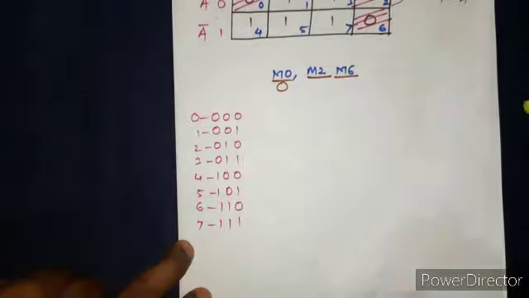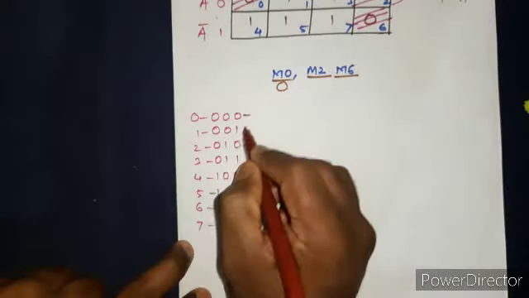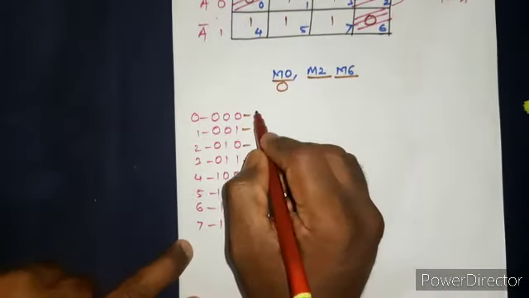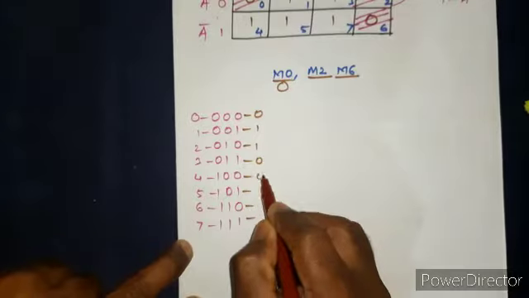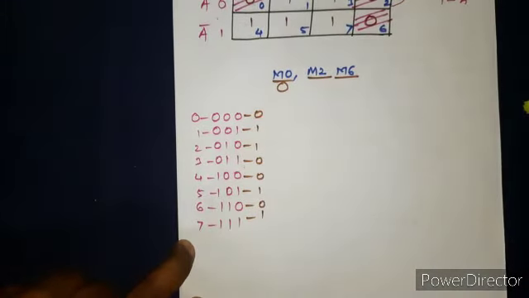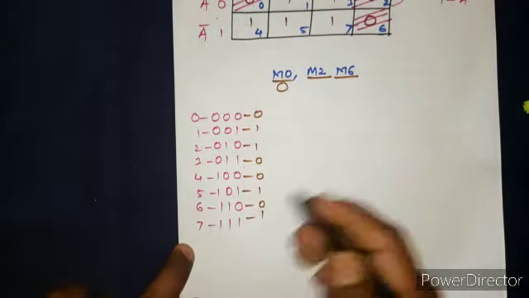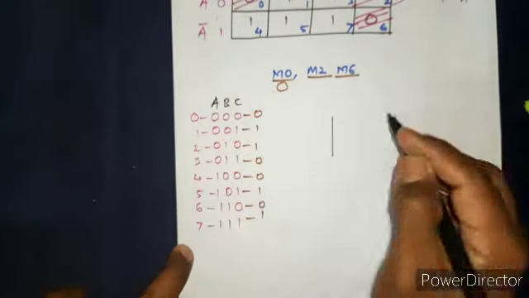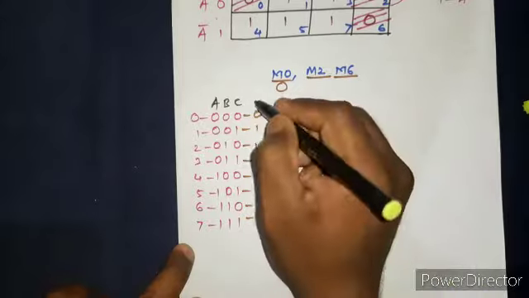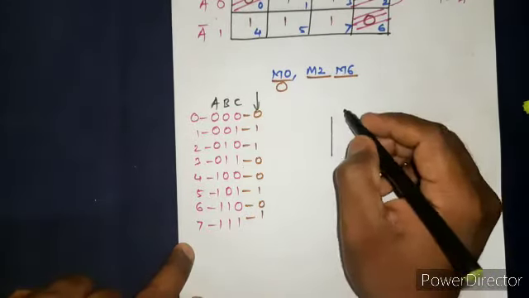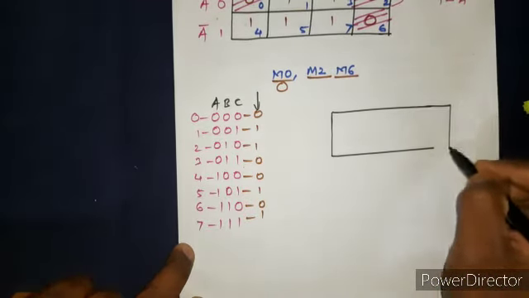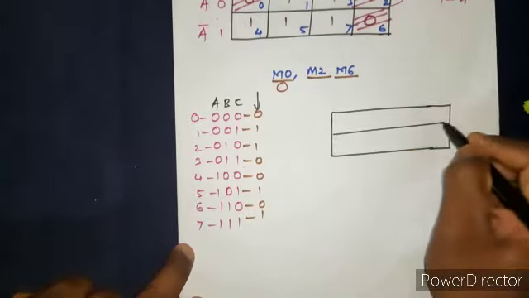Let's say this is a truth table of some random circuit diagram, and the output entries are 0 1 1 0 0 1 0 1. From this truth table you can understand that we have 8 boxes. So this is A, B, C. Since we have only one output column, only one K-map corresponding to the output column is sufficient.